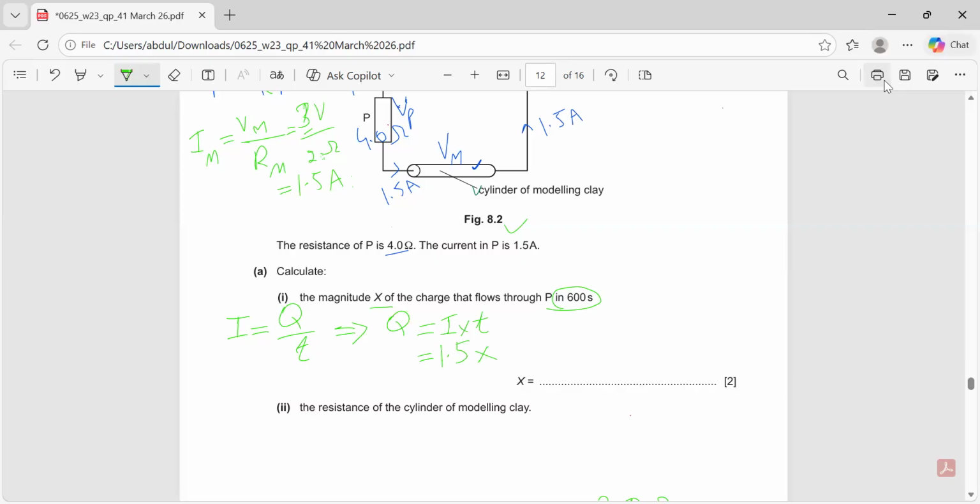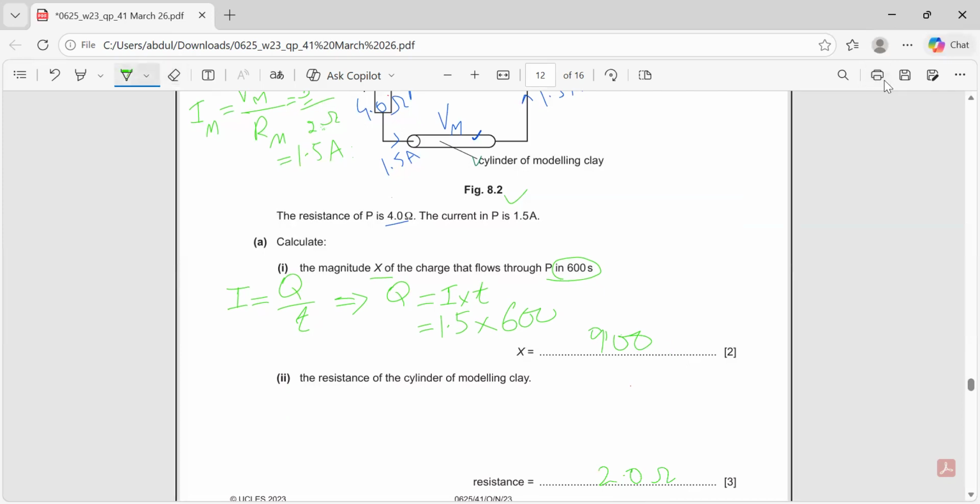So 1.5 times T, which is 600, and as we simplify, the answer comes to be 900. And what is the unit of charge? That is coulomb. So 900 coulomb.